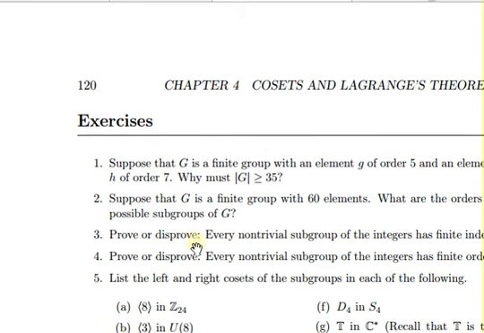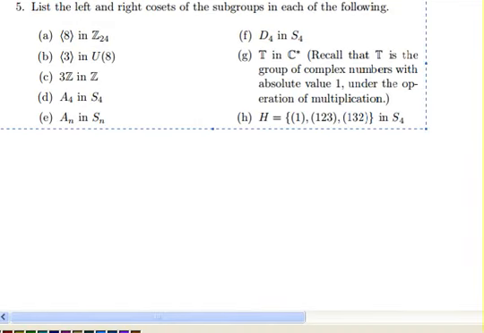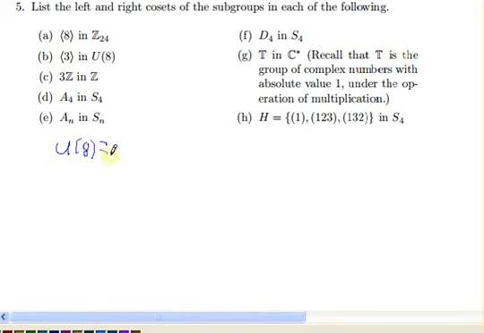All right, so let me go ahead and do number 3, part B. Okay, so part B is this one. I'm going to do the cosets associated with the cyclic subgroup generated by 3 within the group U8. All right, so let's recall what these things are. We remember that U8 is the natural numbers that are relatively prime to 8 and are less than 8.